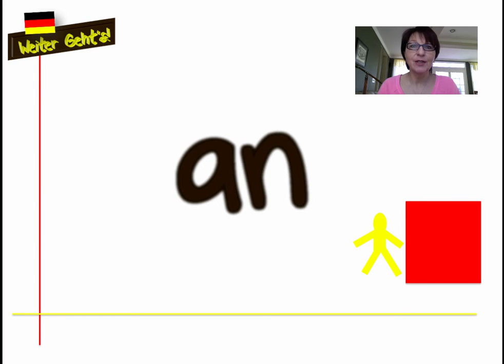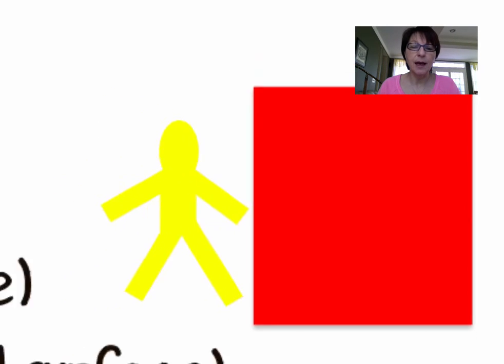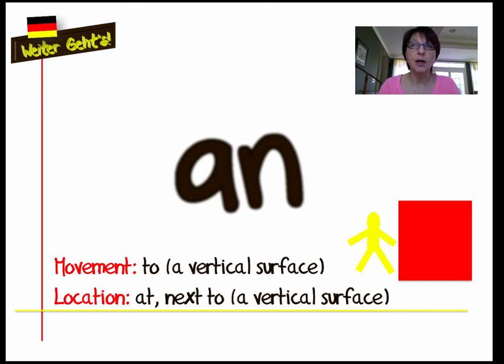A second preposition is an. An indicates that a person or an object is next to, almost leaning against some other vertical object, or maybe even a person. In English, we use to also for the movement, and we use at or next to for the location.